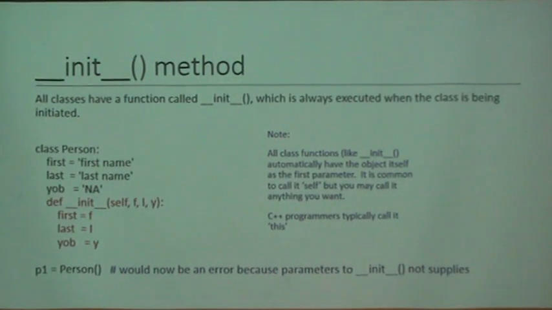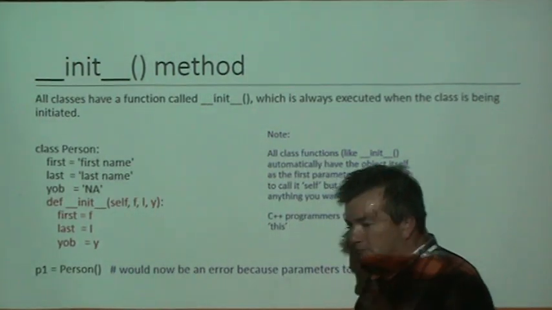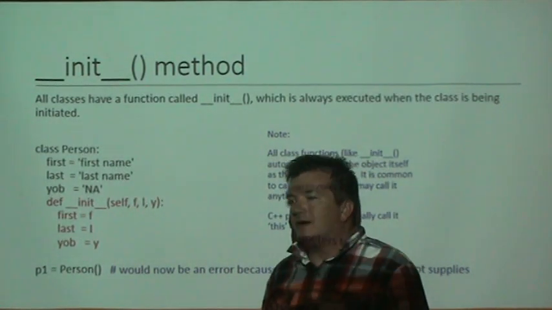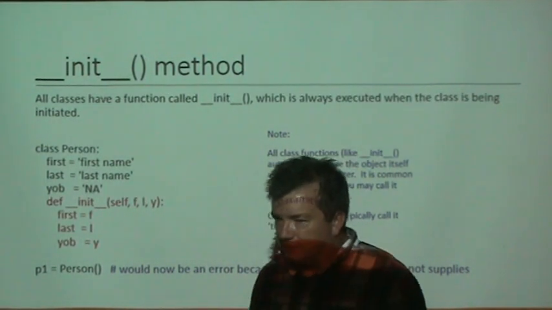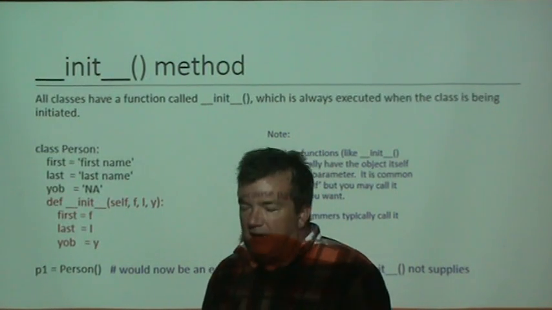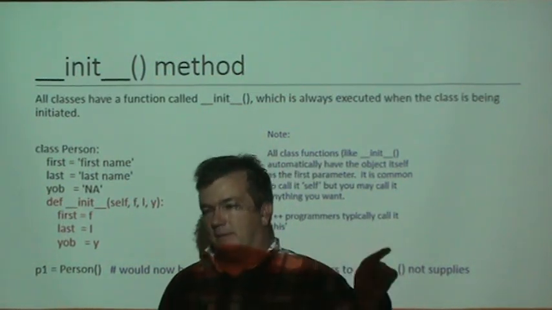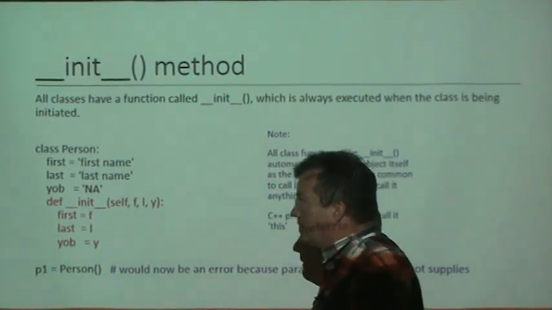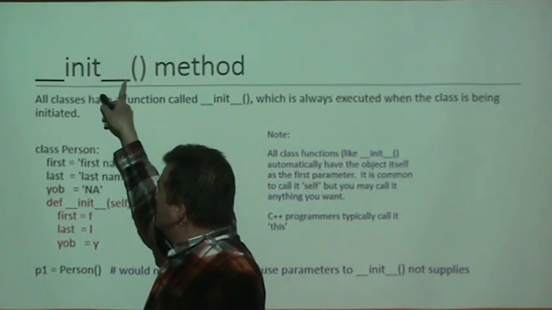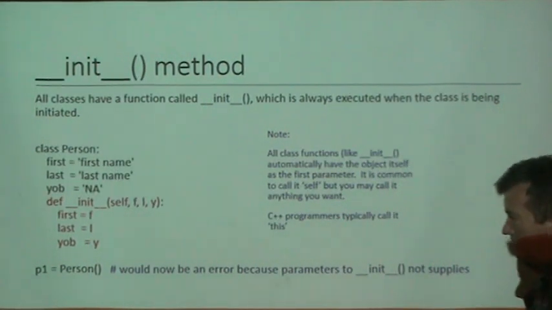Okay, so in the predecessors to Python, C++ and Java, they have a method they call a constructor method. It's the method that gets called the one time you create the object. And in those languages, they always name the method the same name as the class. In Python, we call it underscore underscore init underscore underscore, and then it takes in a list of parameters if you want them to take in parameters.